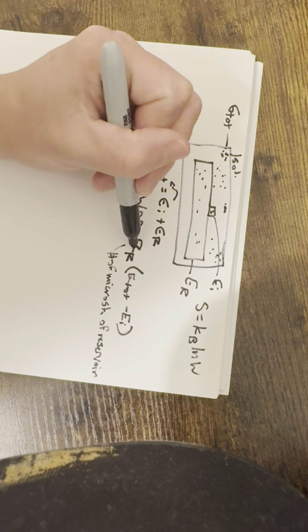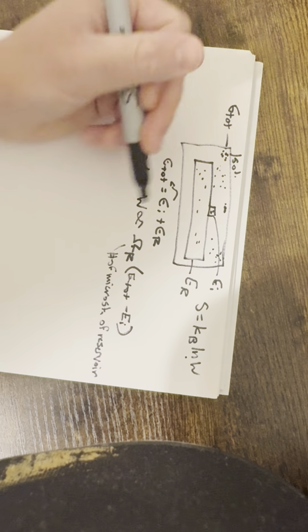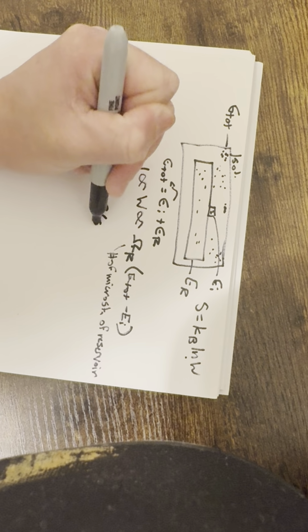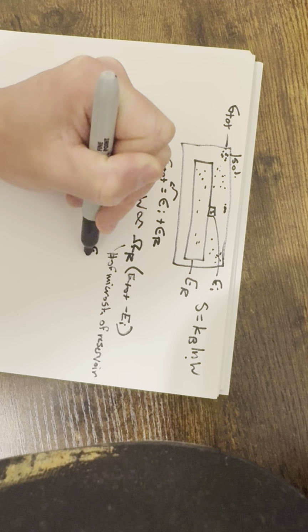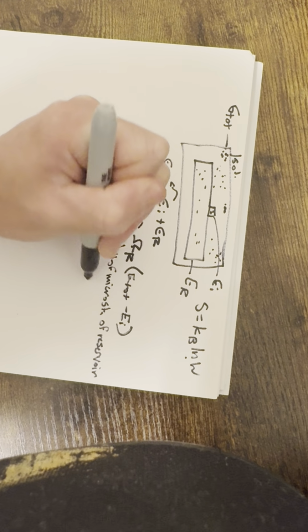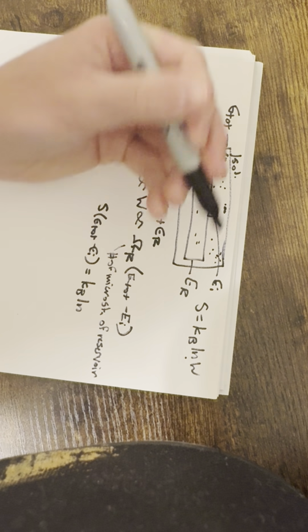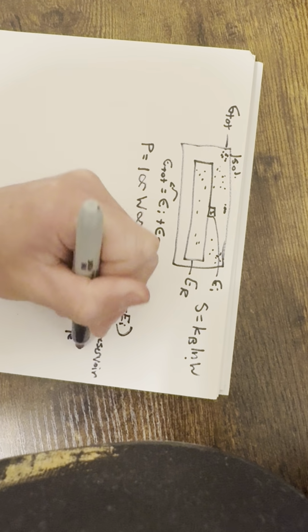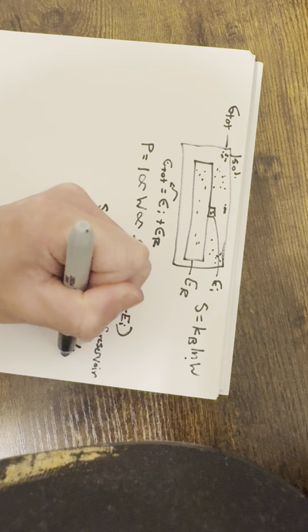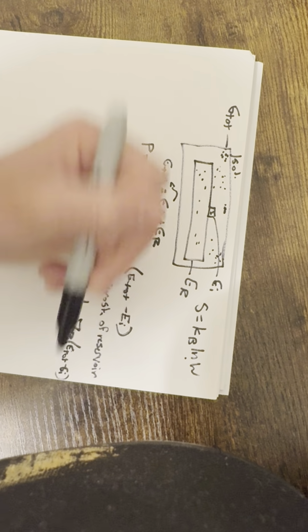Now we'll plug this into this equation, and we'll have S of E total minus EI is equal to KB log omega R of E total minus EI.